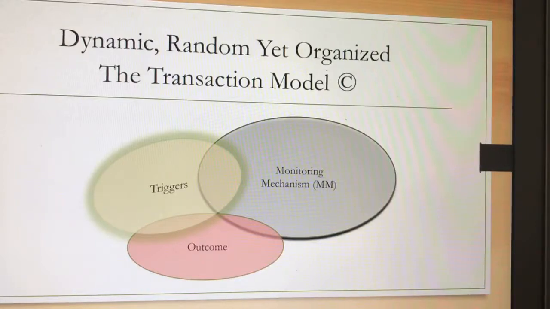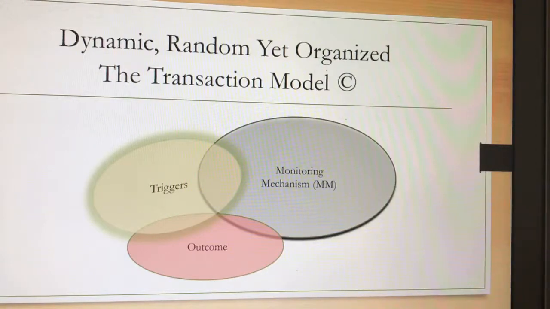The transaction model rejects the concept of nature versus nurture and instead shows how nature and nurture work in harmony together to demonstrate behavior. The epistemology is based on the assumption that behavior is disorderly and chaotic, yet dynamic, organized, and adhering to certain rules.